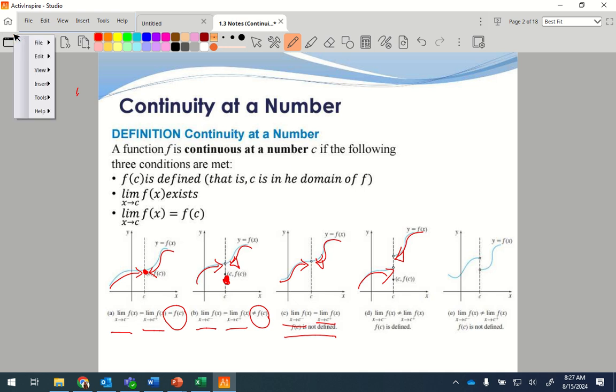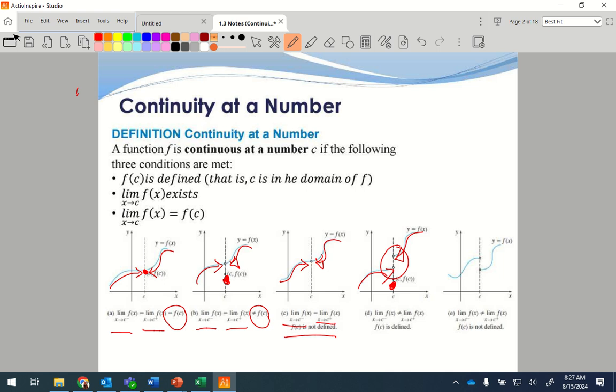Continuous is a roller coaster track. Can you have any holes? No holes in the track. Can you have any jumps? No jumps in the track. This, in that roller coaster, is a jump. So it is not going to be continuous, because the left side and right side are going somewhere else. But this one says it is also defined at this point down here.